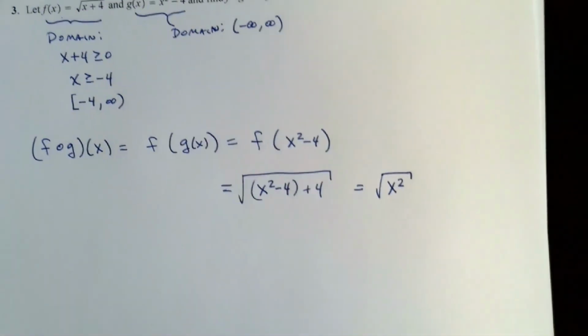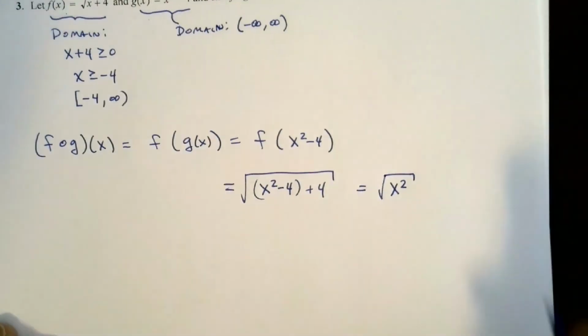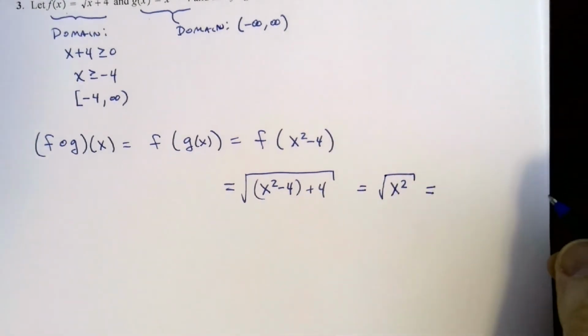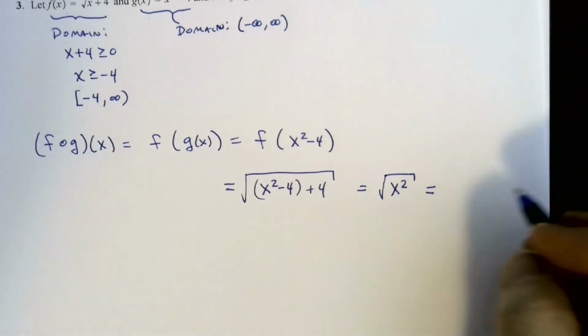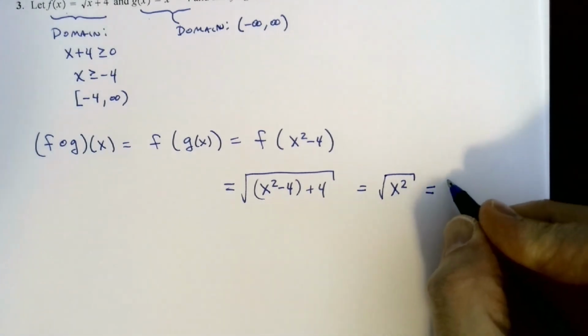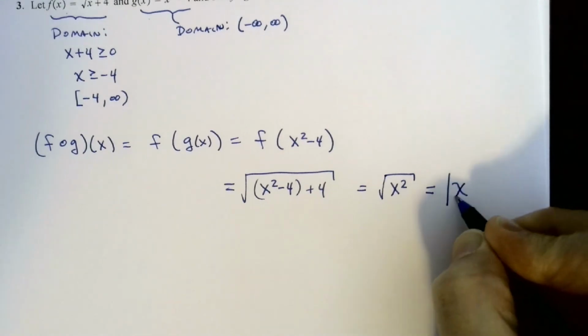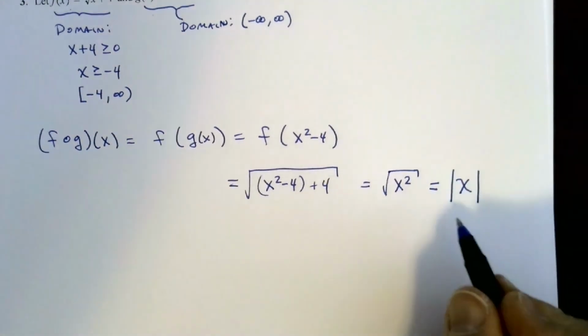And somebody says, hey, that looks like we can simplify that. I know the square root of x squared is equal to what? Well, you might have forgotten this, but the square root of x squared is actually equal to the absolute value of x. Say, what? Well, it's just x.